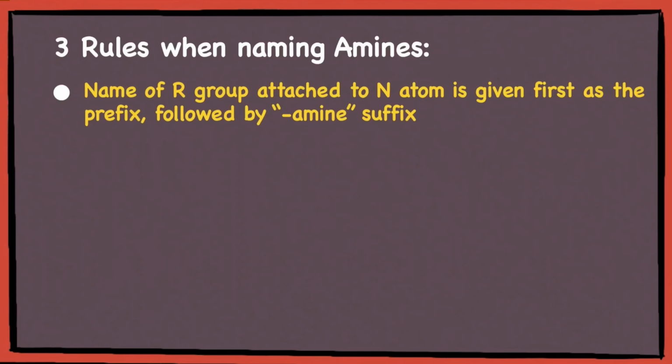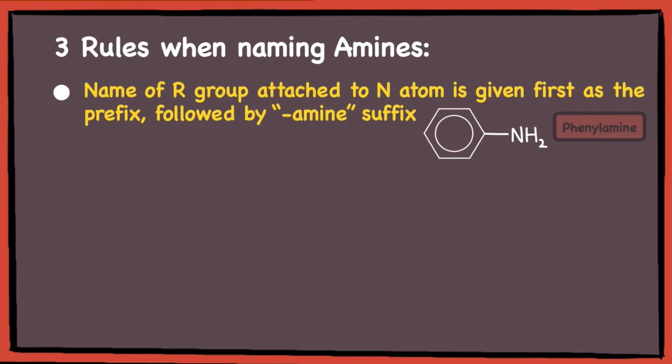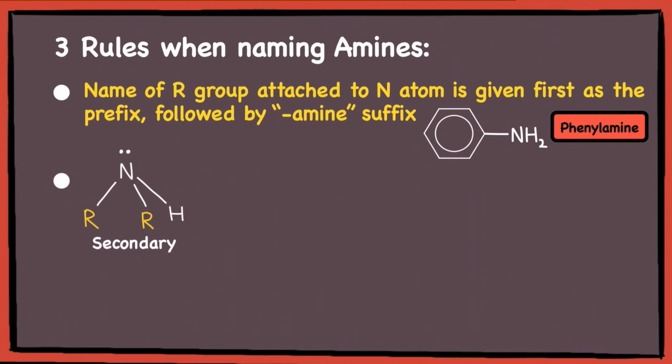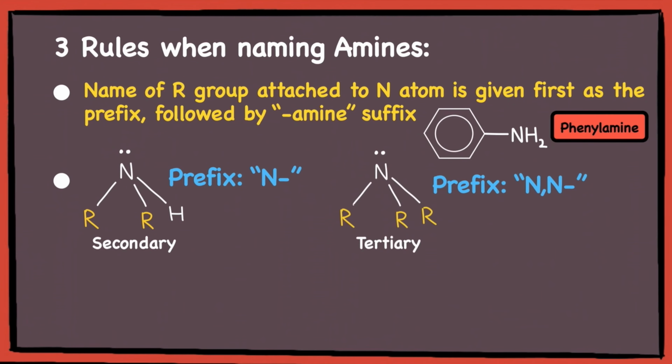But if the nitrogen atom is directly attached to the benzene ring, it becomes an aromatic amine which will have the suffix phenylamine instead. For secondary amines, we add the prefix N- to denote that it is a secondary amine. And we add the prefix N,N- to denote that this amine is a tertiary amine. So primary amines will not have the N- prefix at the front of its name.